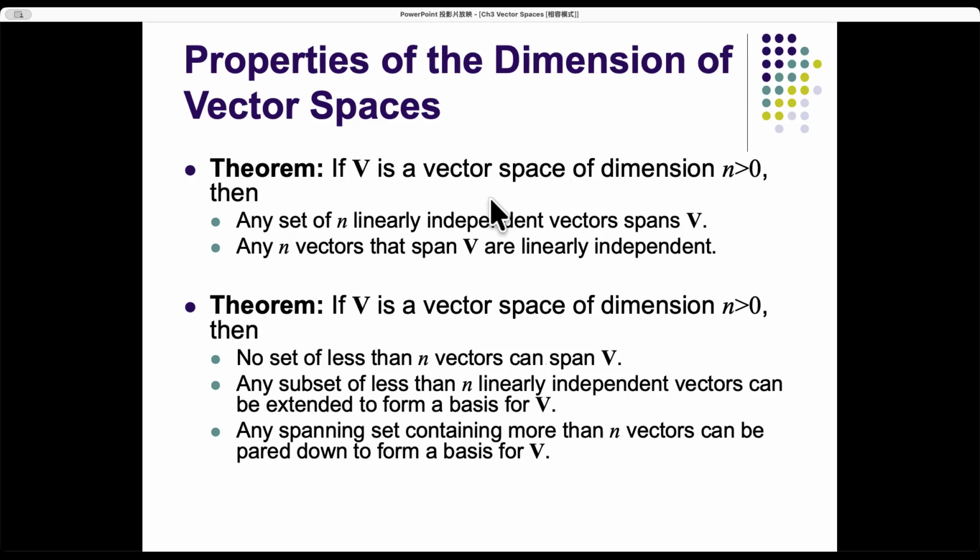Say that these n linearly independent vectors are V1 to Vn.